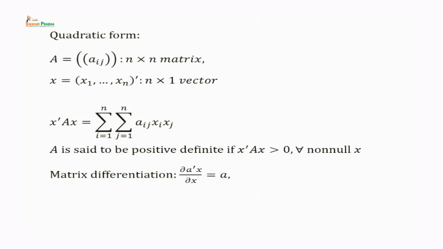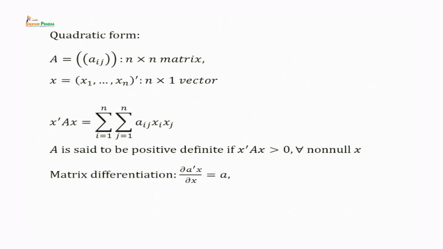Now, we define the quadratic form. Suppose A is a square matrix of order n cross n, and X is an n cross 1 vector with elements x 1, x 2, up to x n.